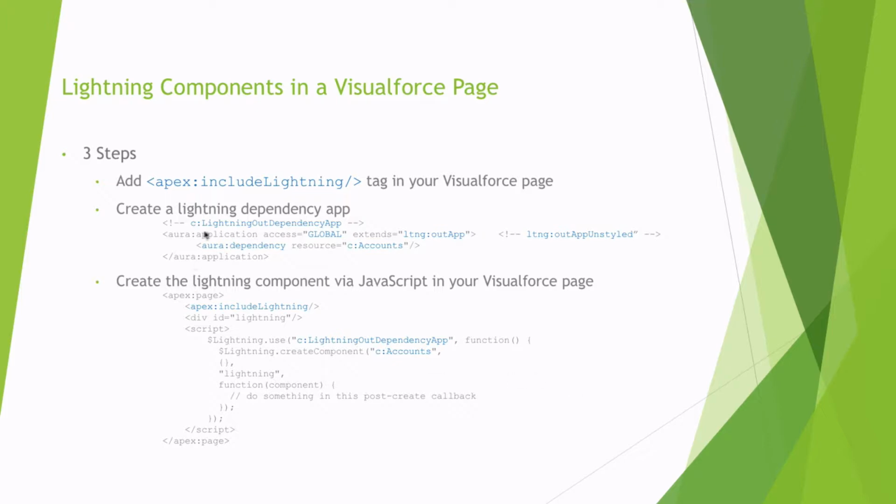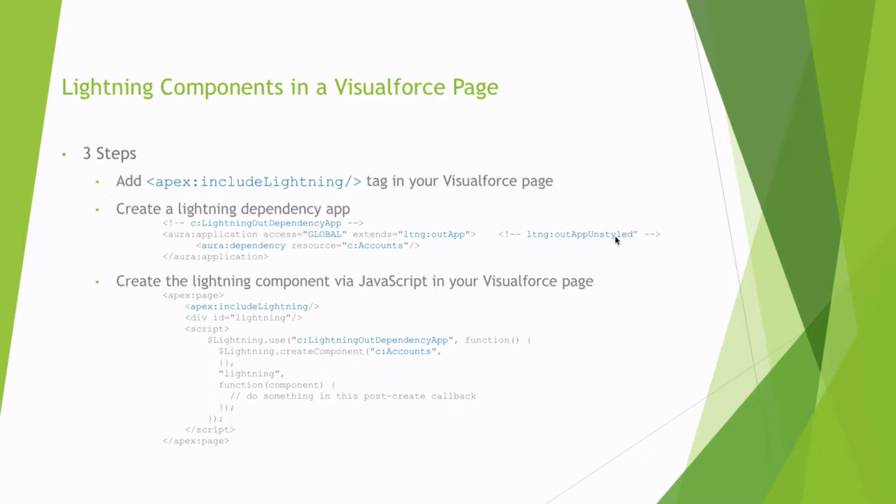Okay, so what goes into your Lightning dependency app? First is the access must always be set to global. Okay, and then the app must always extend ltng:outApp. Okay, and then there's also something called ltng:outAppUnstyled.